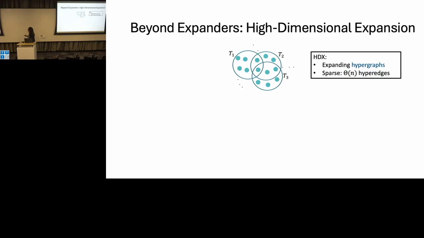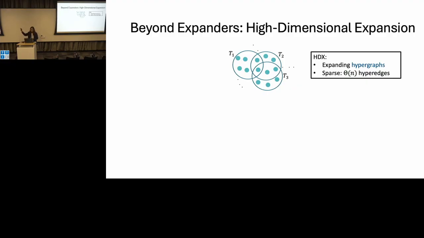And again, think of a universe of size n, and each hyperedge contains a constant number of vertices. So here in this picture, it's a 6 hypergraph. And the whole hypergraph only contains theta of n hyperedges. And today I won't define this notion of expansion formally. But intuitively, you should think of these hyperedges as having a lot of intersection with each other, so they are very well connected.